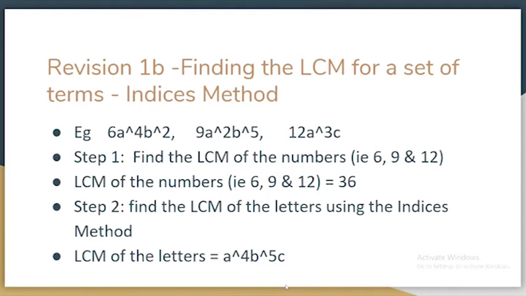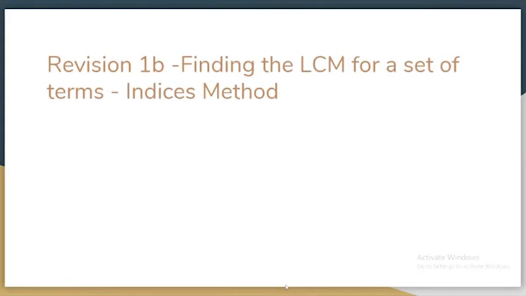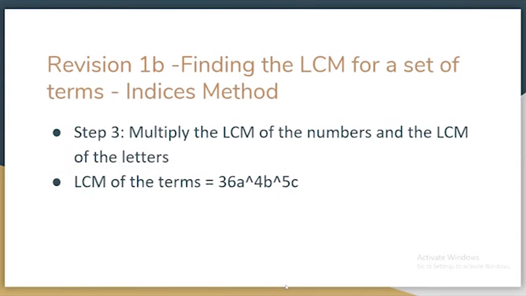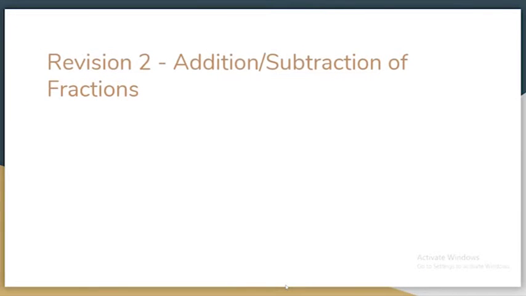And the highest power for C, remember, no power written, the power is 1, so it's just C. Now to get the LCM for the algebraic term, what do we do? Multiply the LCM for the number and the LCM for the letter. Now that ends the revision for LCM.